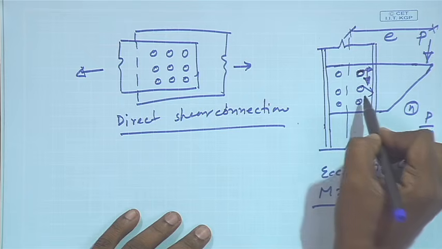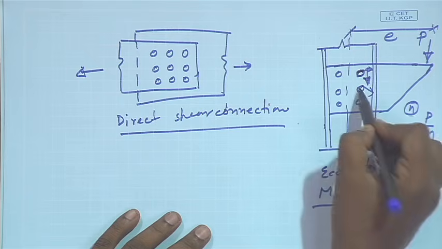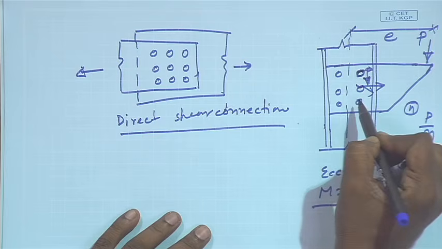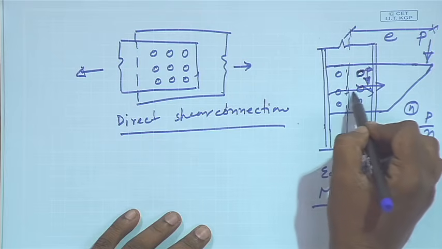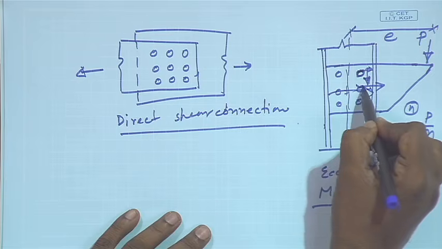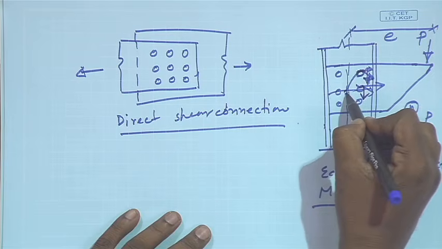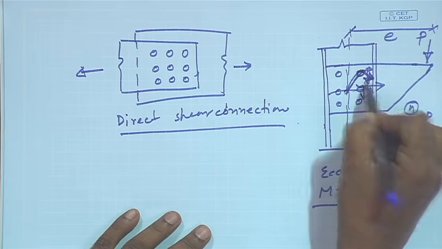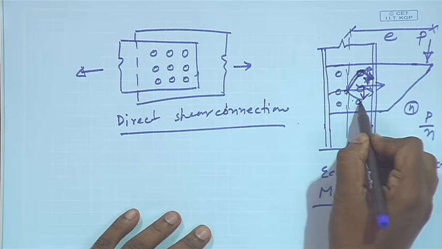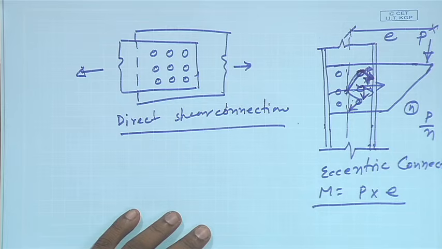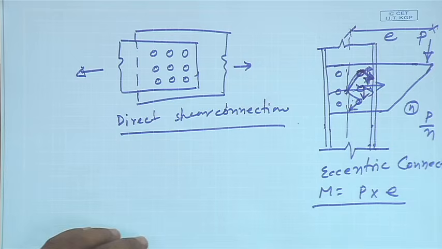In different directions it will develop, perpendicular from the center like this. So, this is how it will happen. This is called eccentric connection.